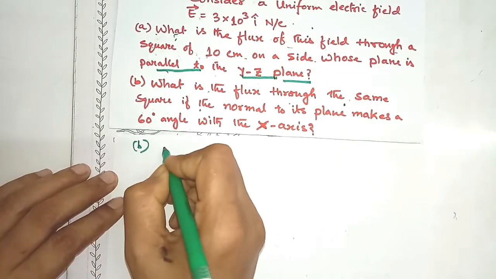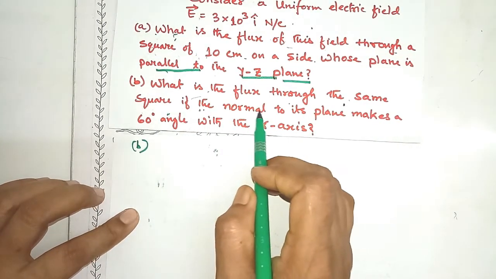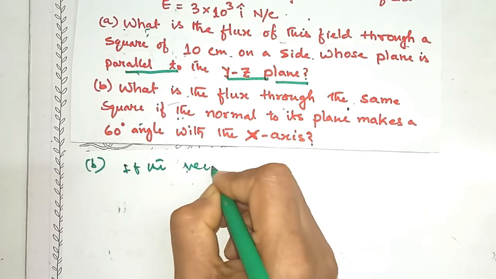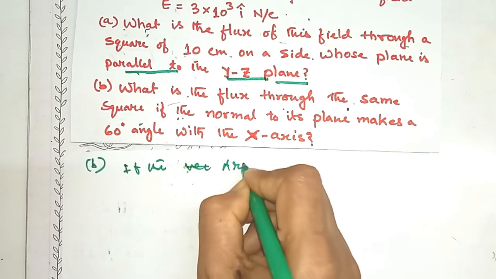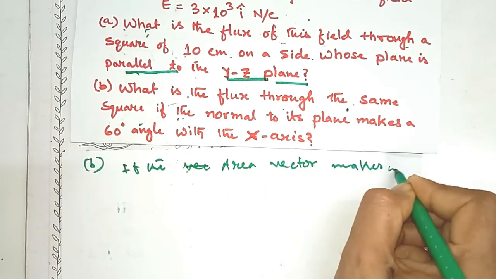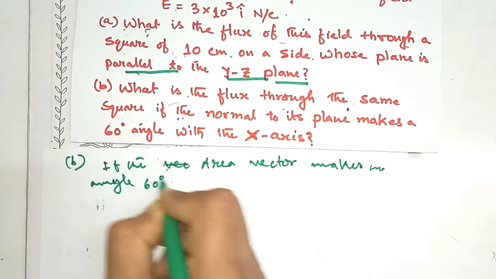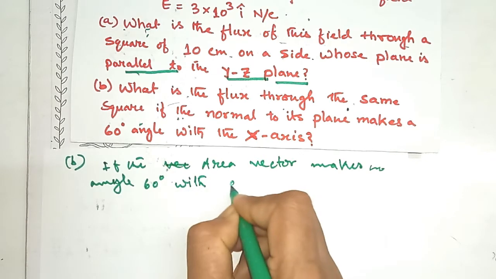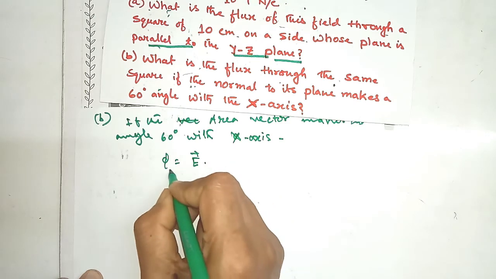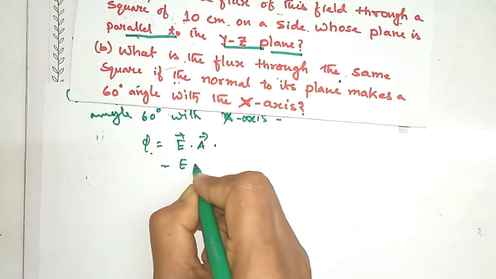Now in question B, what is the flux through the same square if the normal to its plane makes a 60-degree angle with the x-axis? If the area vector makes an angle 60-degree with x-axis, phi equal to EA, which is EA cos theta.